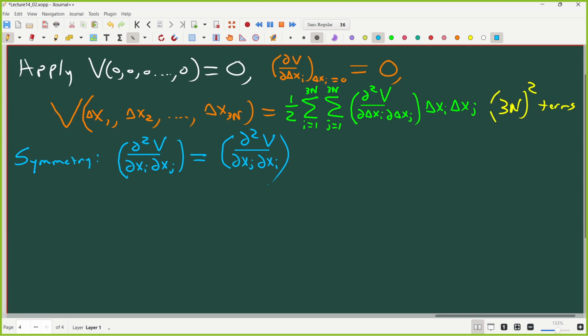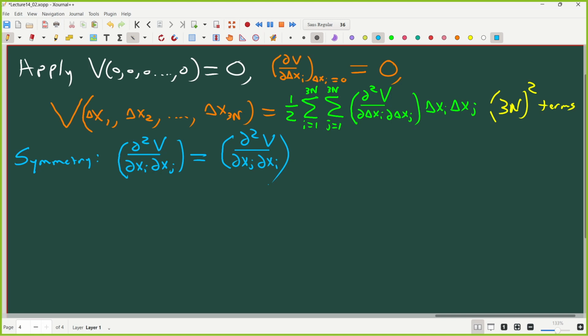Right? It doesn't matter which way I do the derivative, it's the same. Okay? So there are terms in here where i is equal to i and j is equal to j. That's the same value as if we flip the indices, if j is equal to i and i is equal to j.